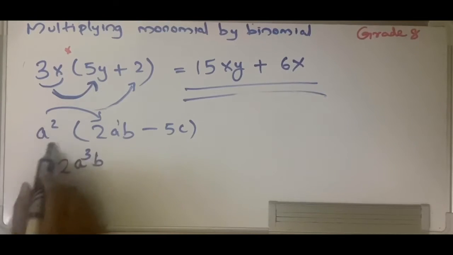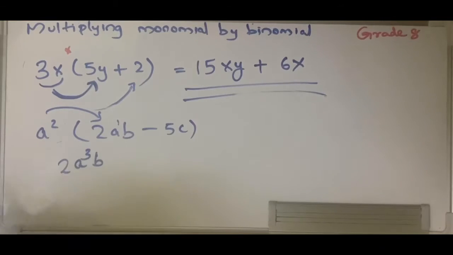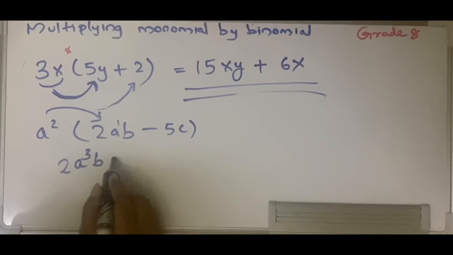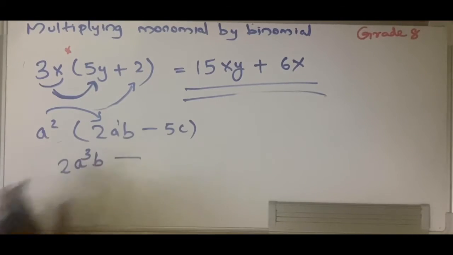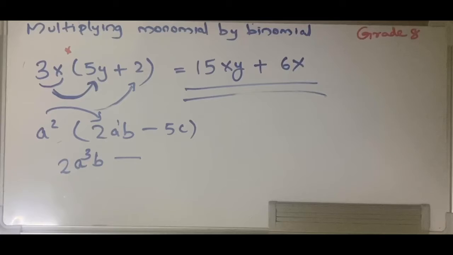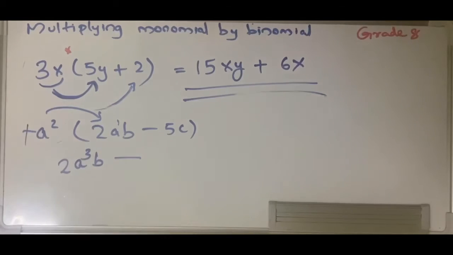Please note, a square times 2ab, we got 2a cube b, and next what should we do? We have to multiply this a square with minus 5c. Keep the sign in your mind, yeah? So it will be minus, isn't it? Because you have a plus and minus coming together, so it's going to be a minus, right? Because in multiplication, an odd number of negatives gives a negative. You have an odd number of negatives because this is positive. No sign means it is positive.